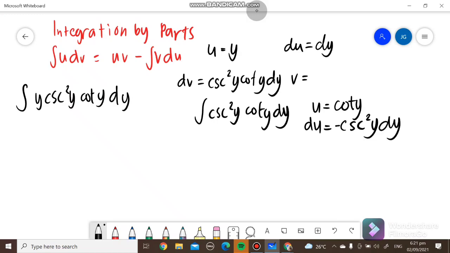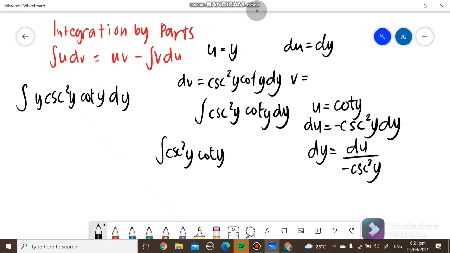So we need the value of dy, so the value of dy is equal to du all over negative cosecant squared y. So plug it in our equation, so we will have the integral of cosecant squared y cotangent y, we replace the value of cotangent y because it's just u.